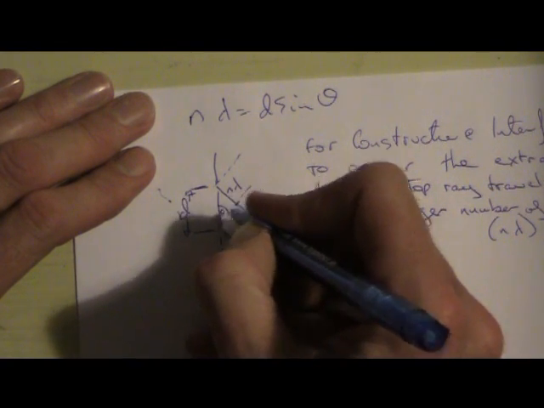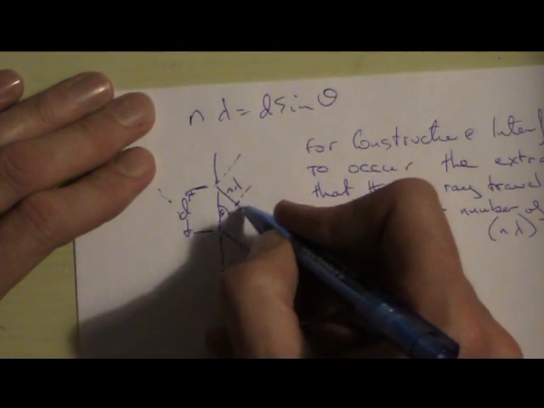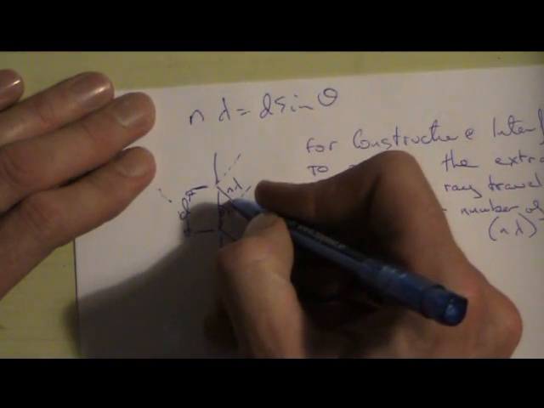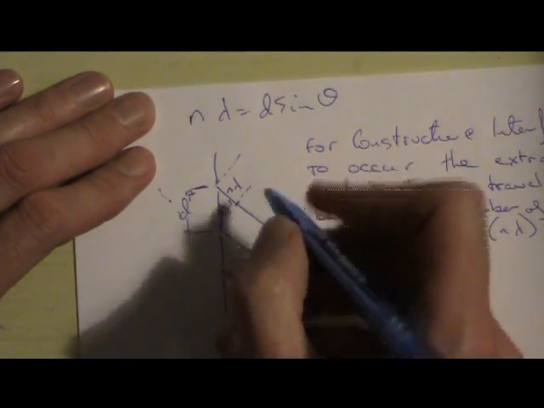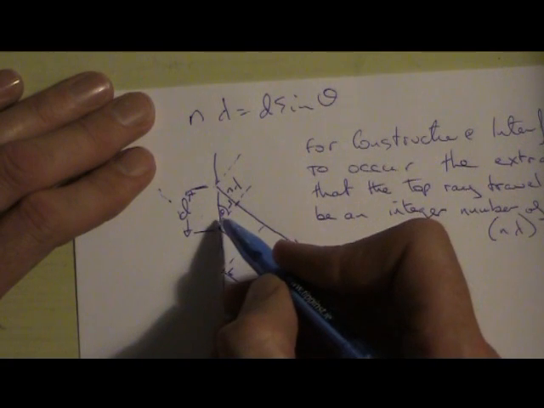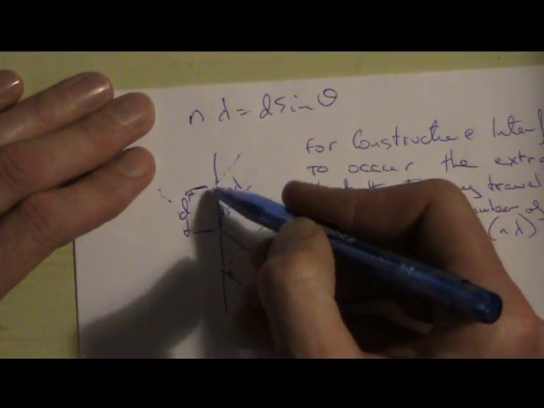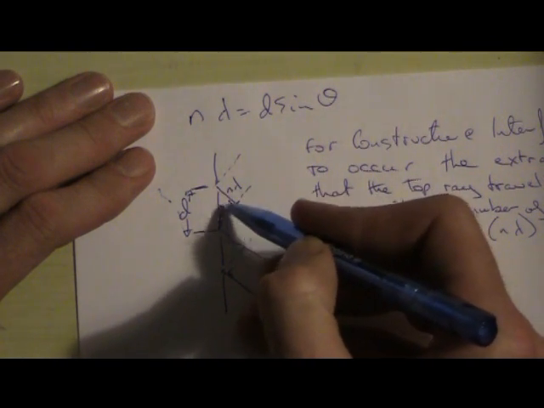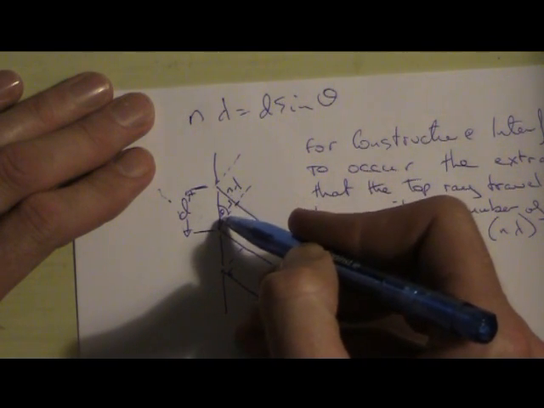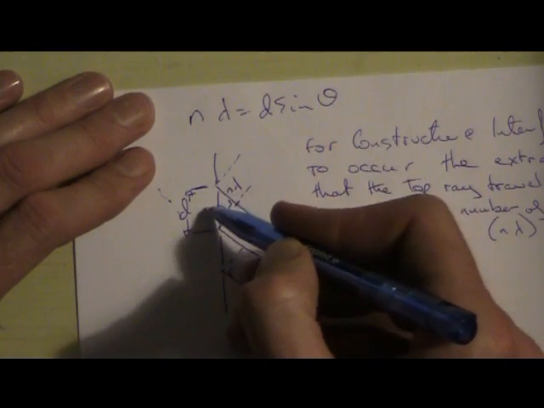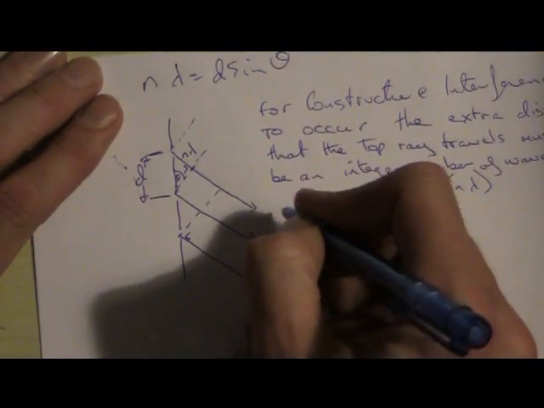Now let's put in an angle here, theta. And look what I have here: a right angle triangle, so that there is my right angle. I have theta, this line here is the opposite, and this distance here, opposite the right angle, is the hypotenuse. So it's going to be sine.